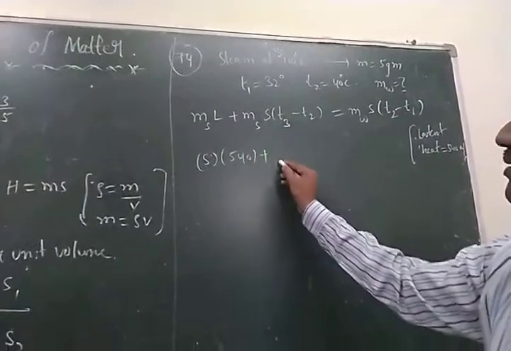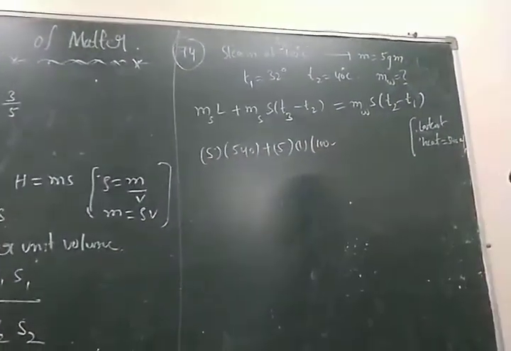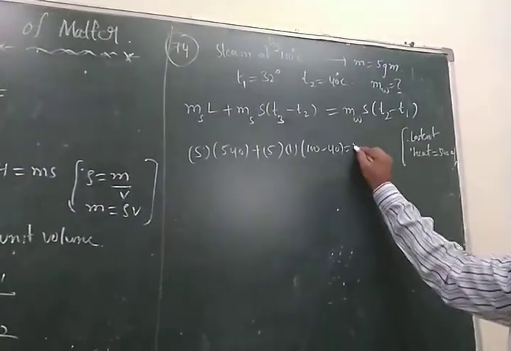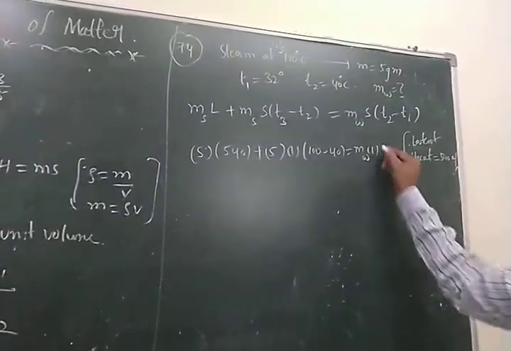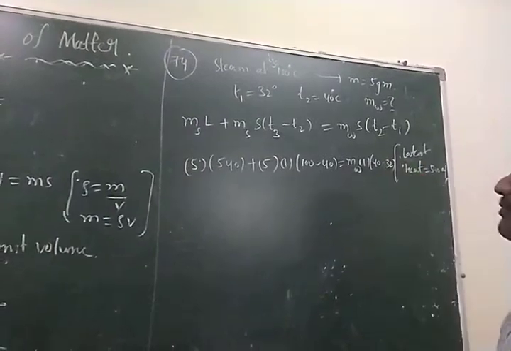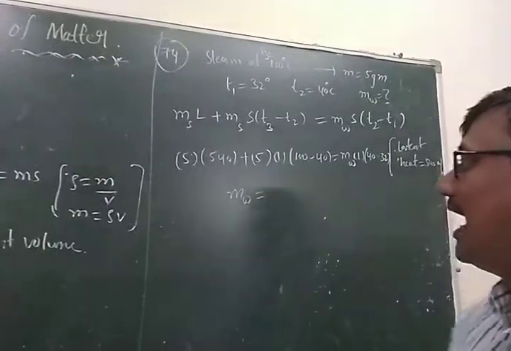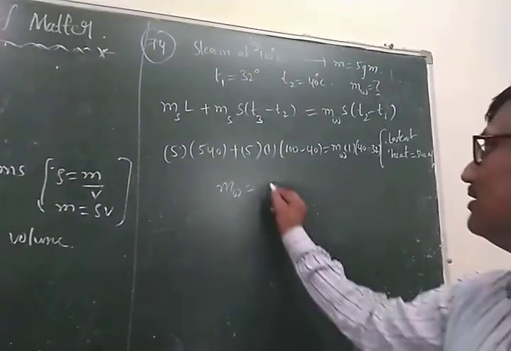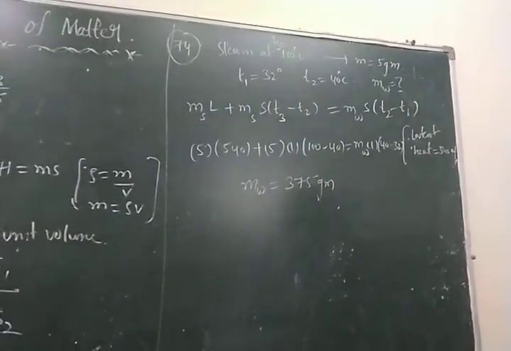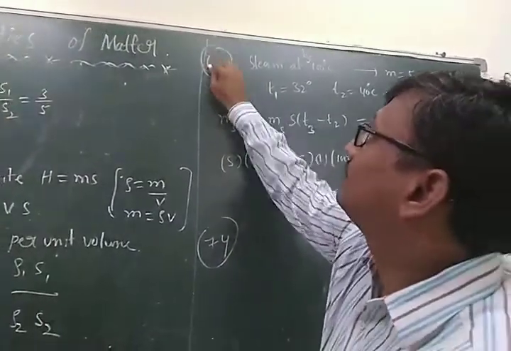Plus mass 5 into specific heat into 100 minus T2, that is 40, is equal to the mass of the water into specific heat 1 into T2 minus T1, 40 minus 32. Now doing the total calculation, we get the mass of the water as 375 gram. 375 gram. Next, see question 74. This is 69.